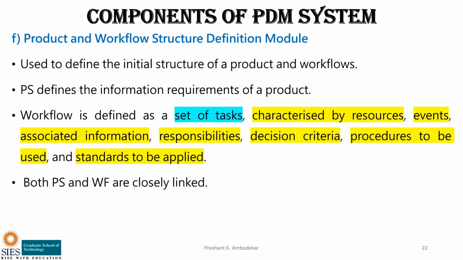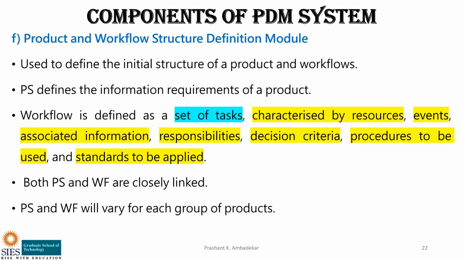Both the product structure and the workflow structure are always closely linked because the product information and its workflow are connected to each other. For each group of product, the product structure and the workflow structure will be specific.